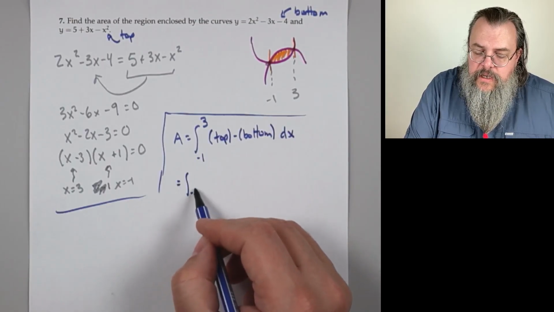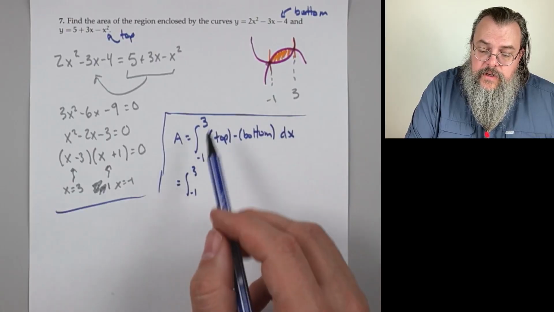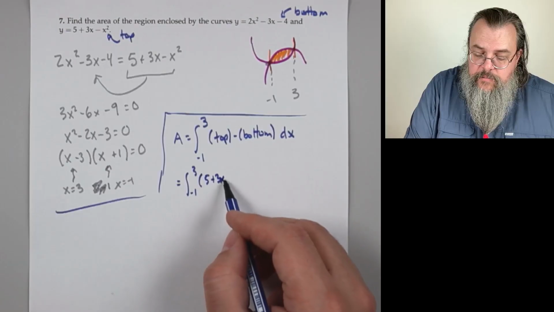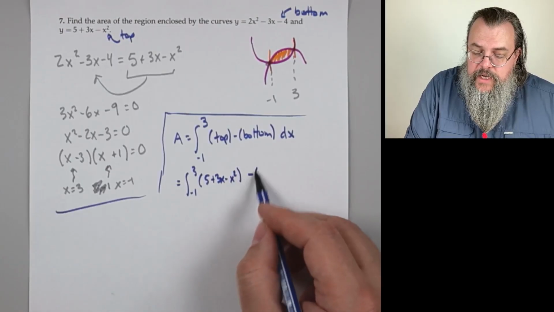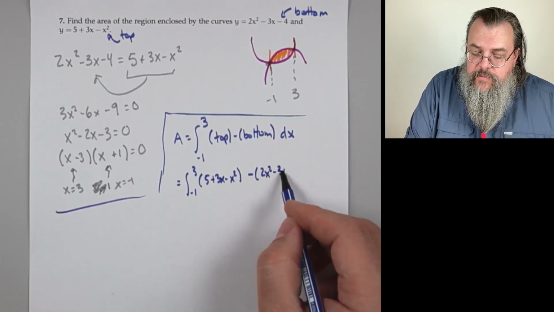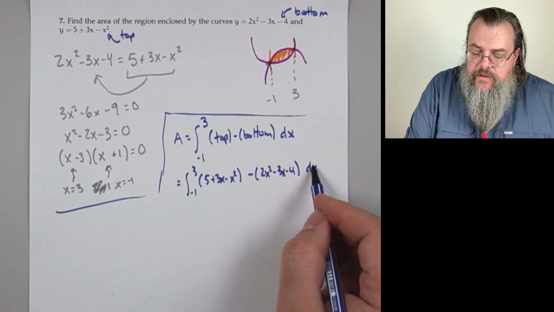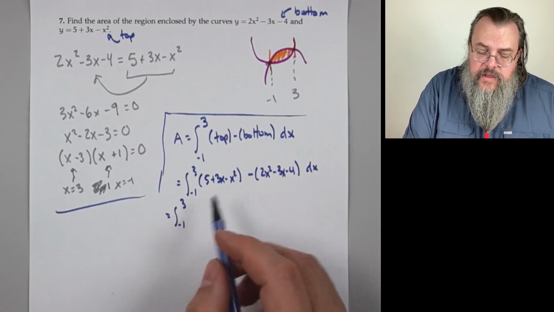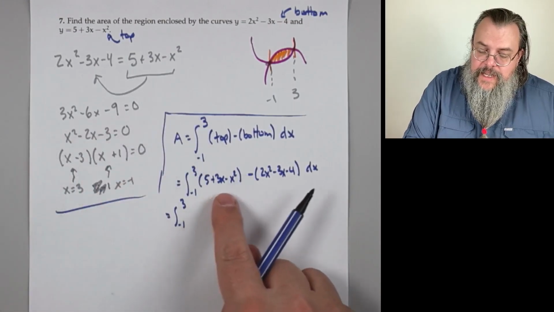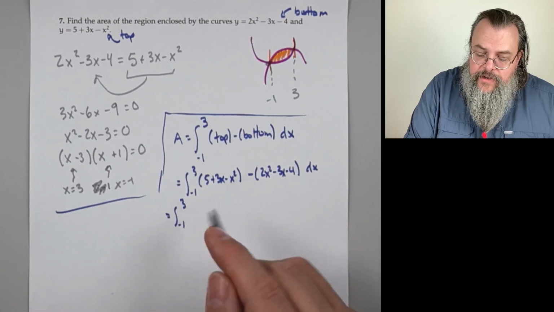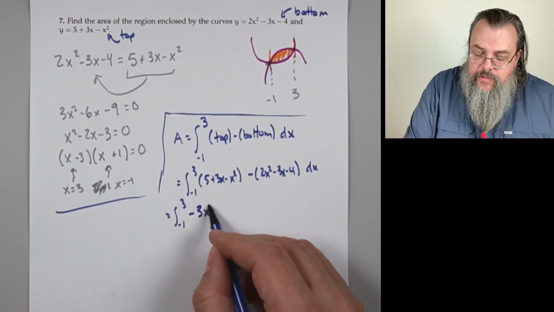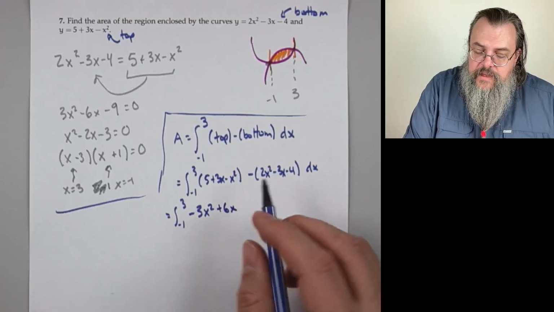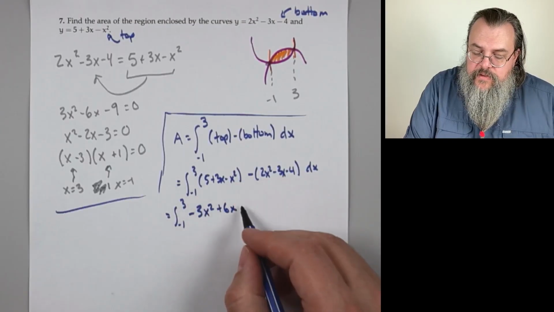Well, if we work that out, this will be 5 plus 3x minus x squared minus 2x squared minus 3x minus 4. And you might say, this feels really familiar. And it is. It's almost what we did, except it's going to be the negative, right? Minus x squared minus 2x squared is minus 3x squared. 3x minus minus 3x is plus 6x. And 5 minus minus 4 is 9.